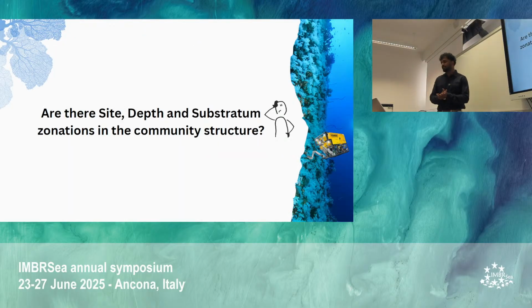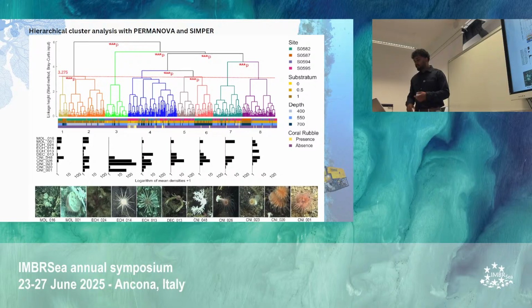So now the bigger question is, are there any site, depth, or substratum zonation within these vertical wall sections? In order to investigate this, I did a hierarchical cluster analysis using a Bird's D2 methodology combined with Bray-Curtis analysis, and I identified 8 ecologically significant clusters, and all the cluster separations were statistically significant according to the PERMANOVA analysis.